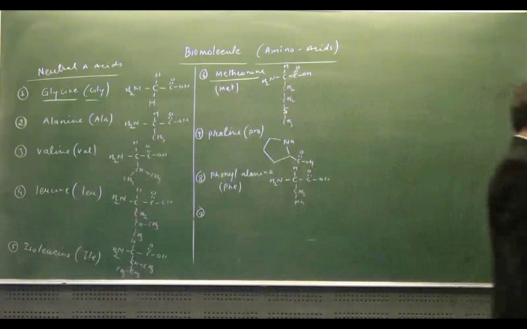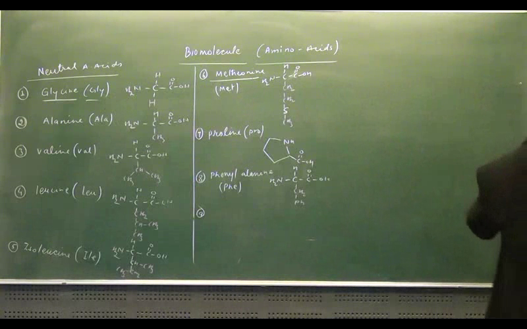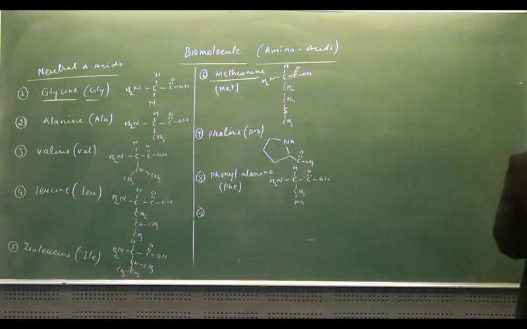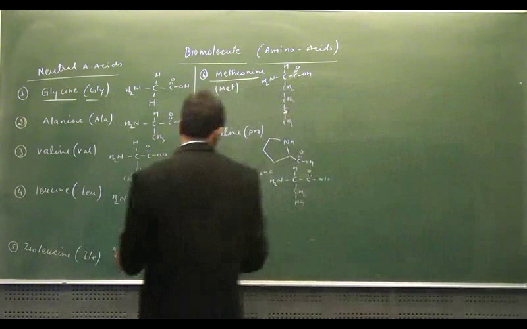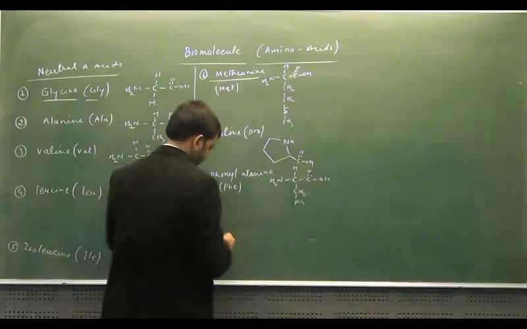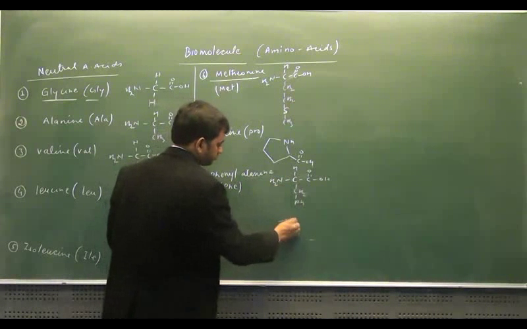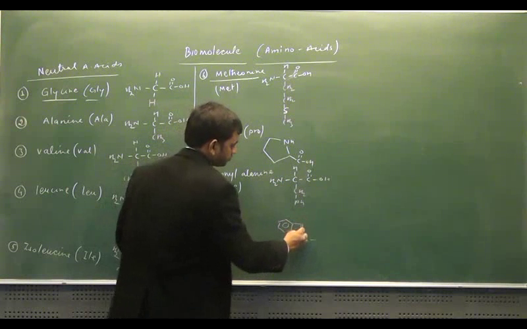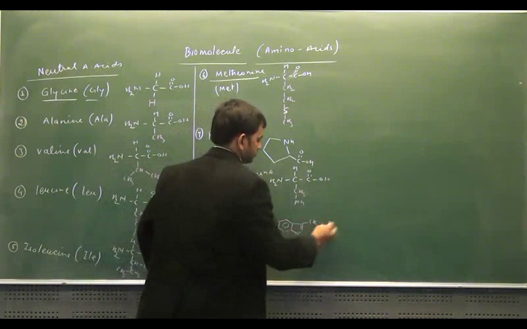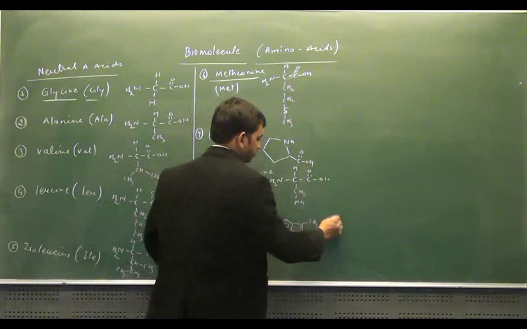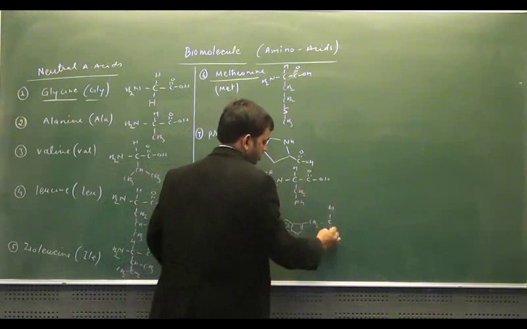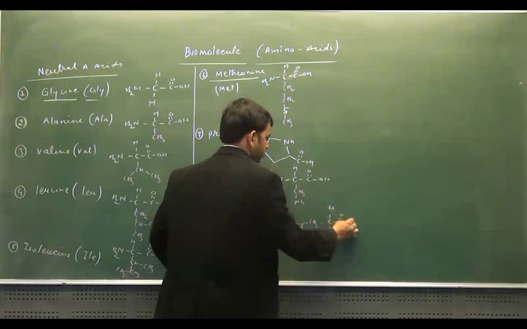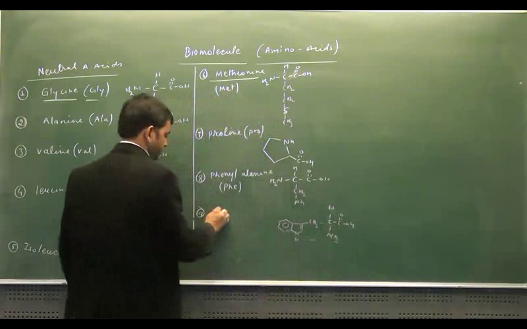After phenylalanine, tryptophan. This is the side chain. It is NH2, COOH. This is tryptophan, TRP.